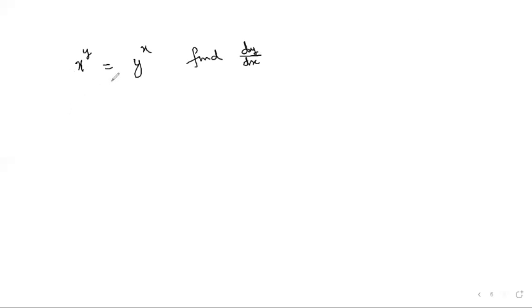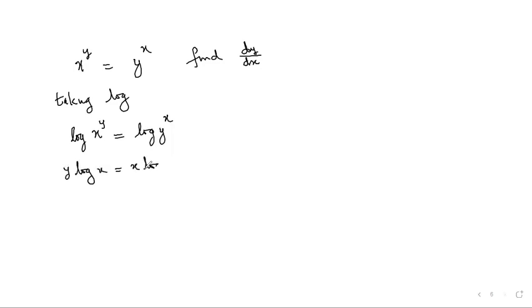Take log on both the sides. So log x raised to y is log y raised to x. So y log x is x log y. Now you differentiate with respect to x.